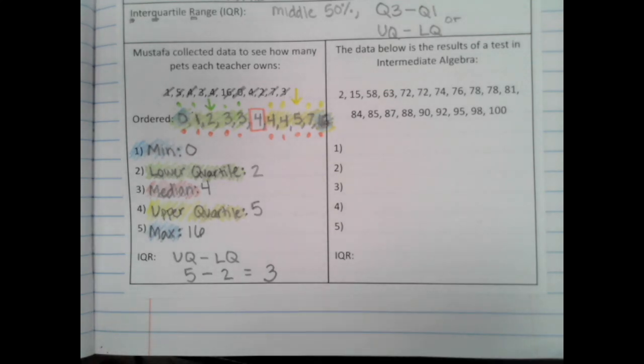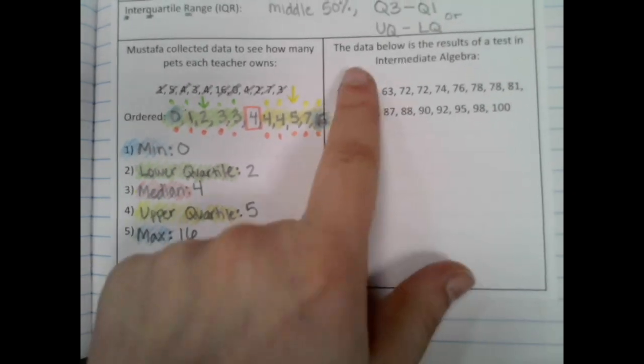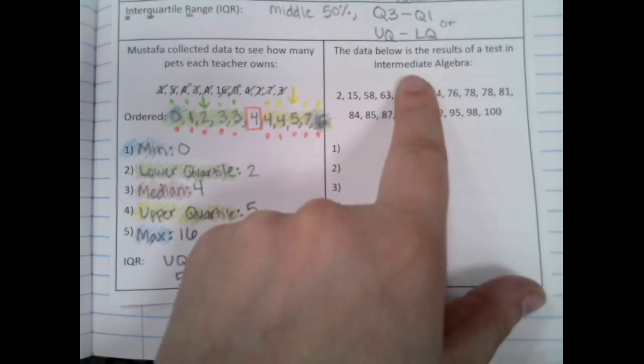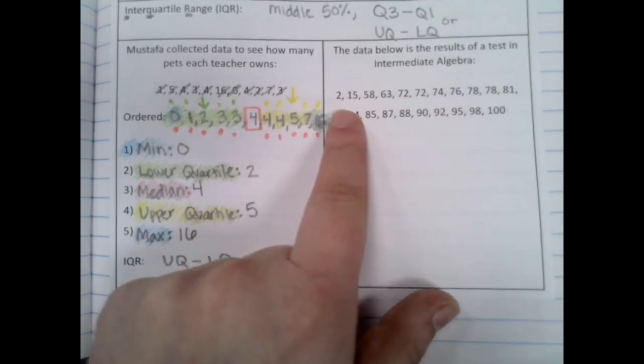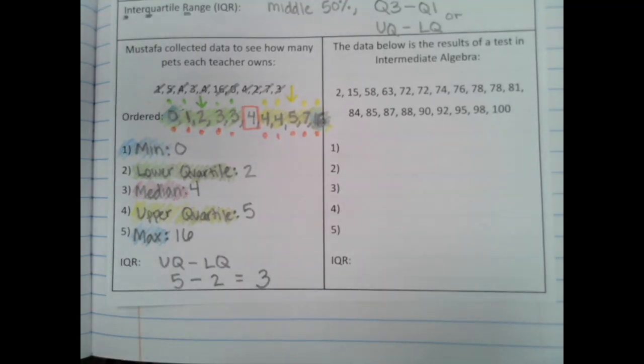All right, this next one is really similar. If you want to try and work ahead, you can. What's going to be different is when we find those numbers, we have to find the middle numbers, and that's going to be a little bit different when we do that with the medians. This one says the data below is the result of a test in intermediate algebra. Holy moly, somebody got a 2. What else do you notice about most of the data?